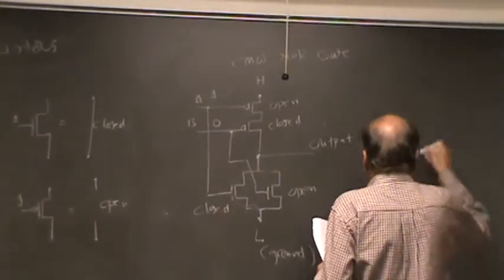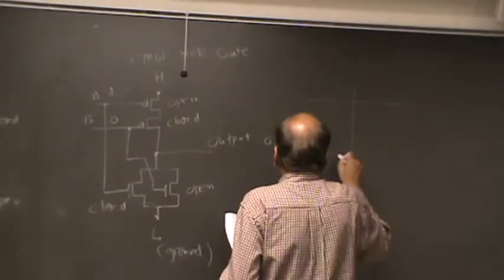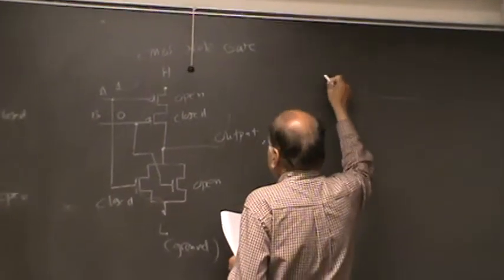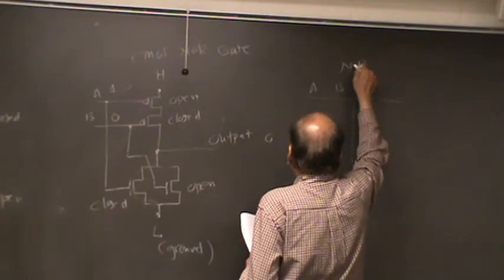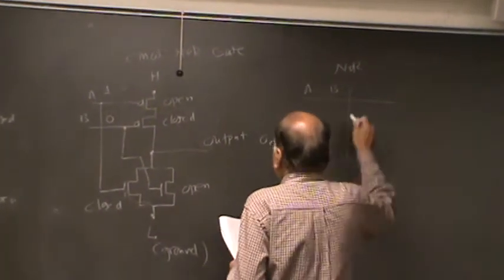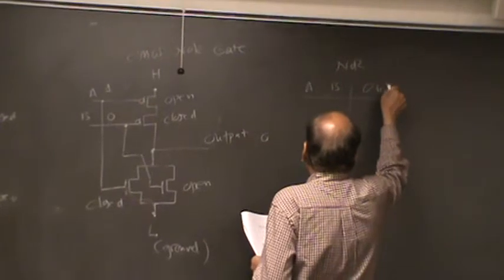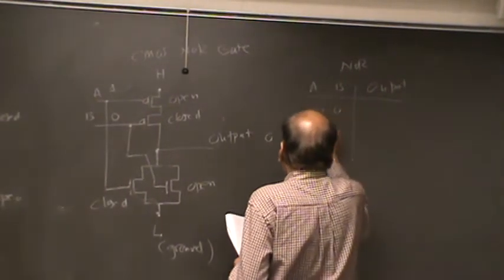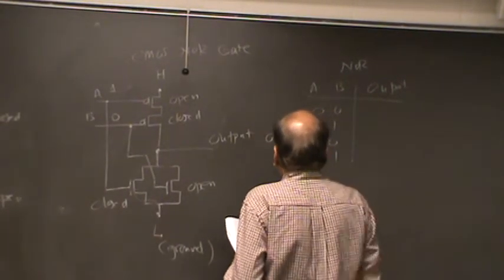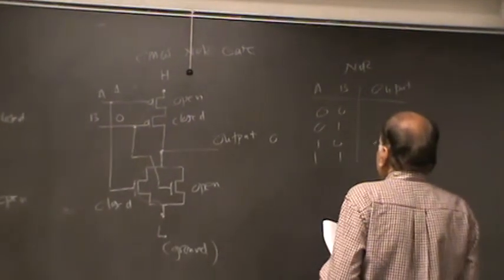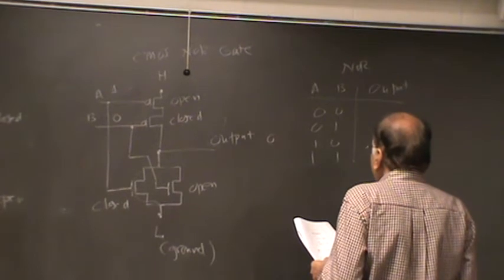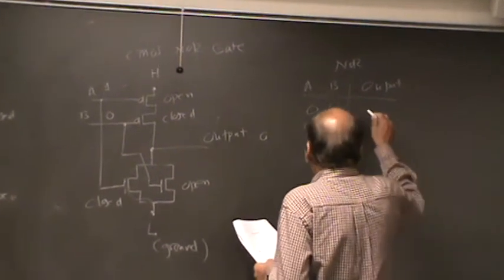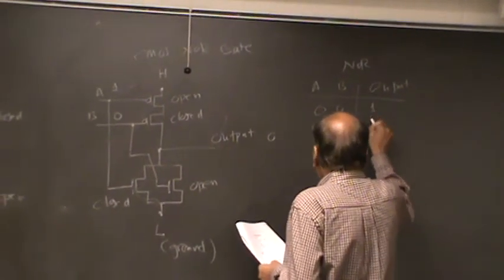Of course, as you know, for a NOR gate, the output is 1 only in this case.